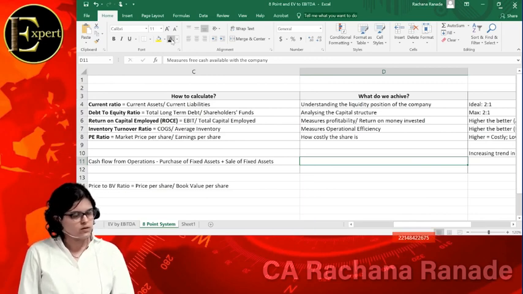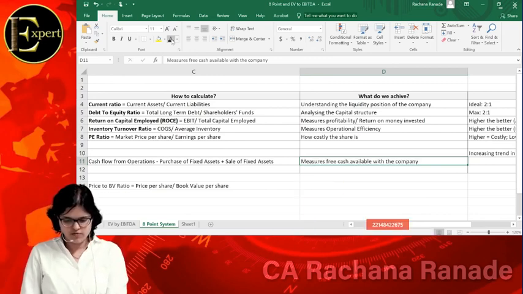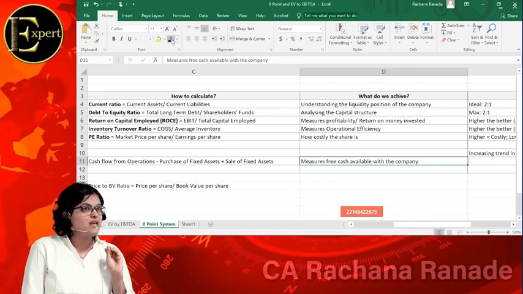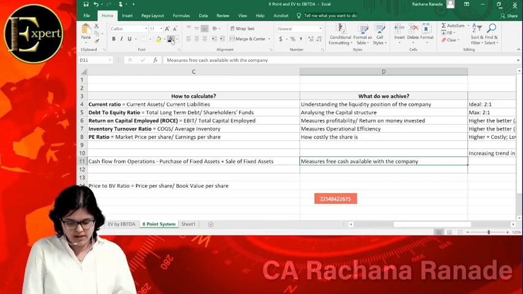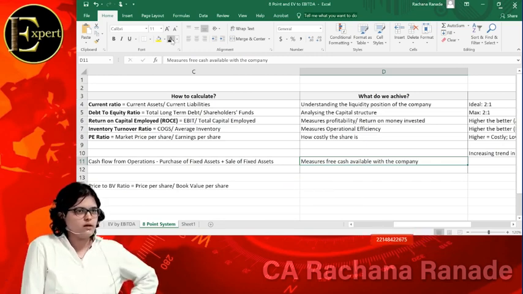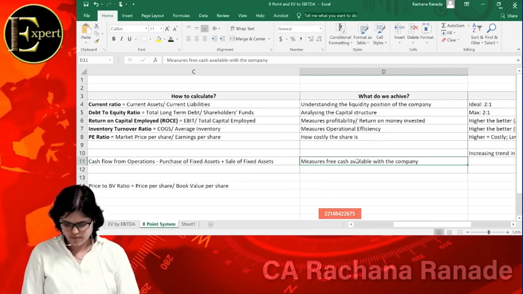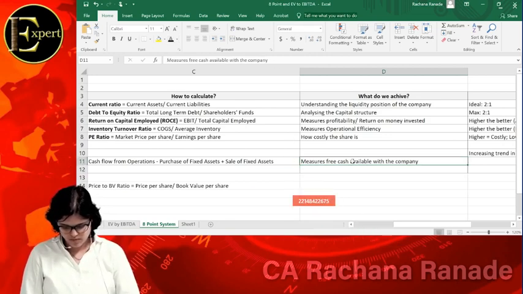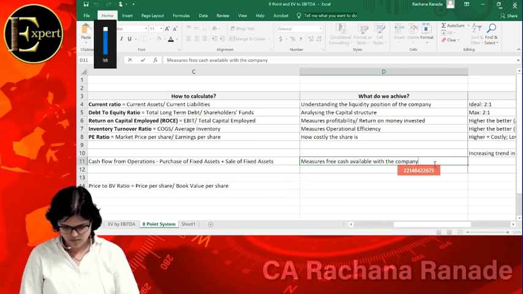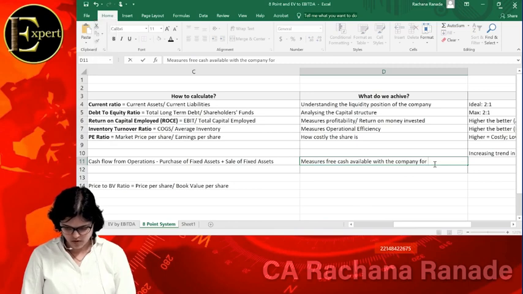Can we go on? Yes. What do we achieve? We get to measure the free cash available with the company. Correct? For what? For operations of the business.